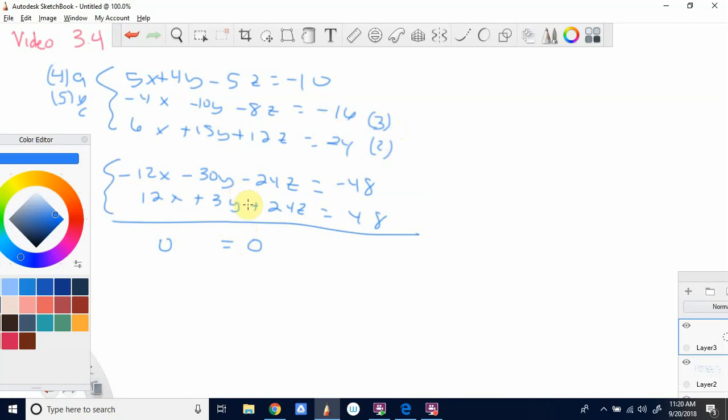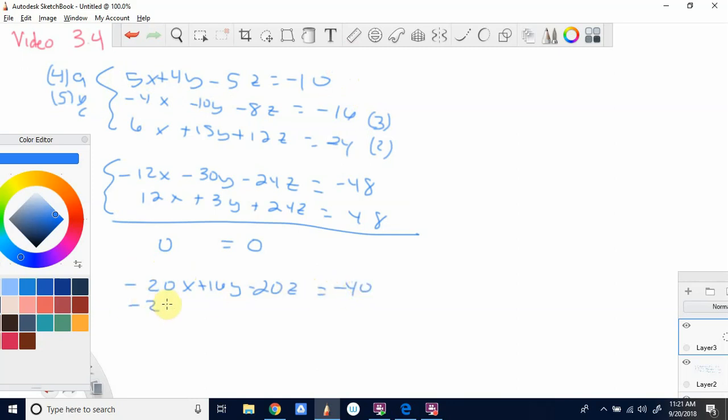So we need to make sure that it intersects with one of the equations. So I can take B or C and start the system process with equation A. So we're going to use A and B. We're going to multiply A by 4 and B by 5, which gives us negative 20x plus 16y minus 20z equals negative 40.